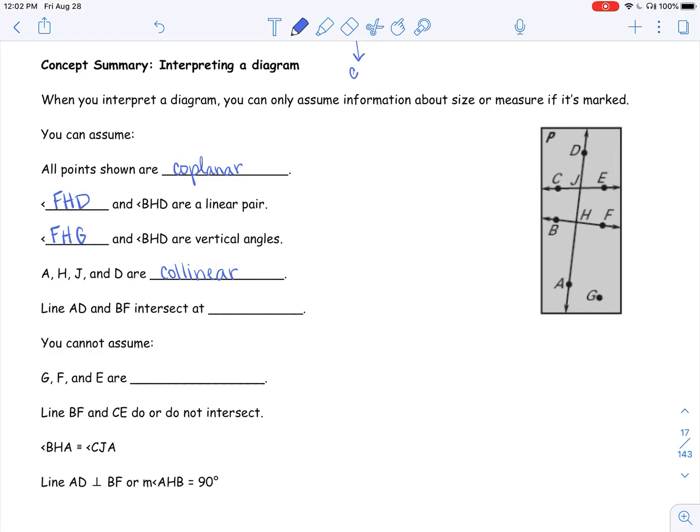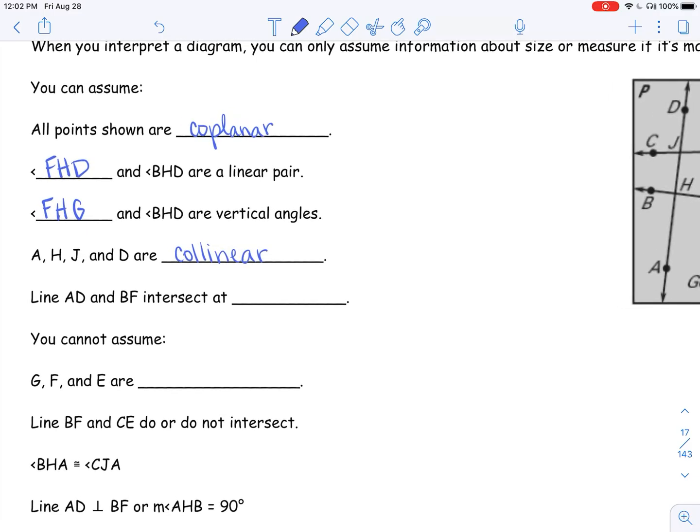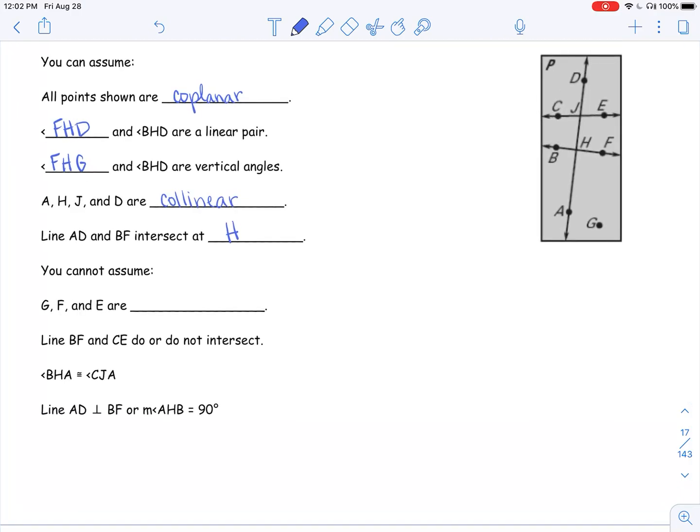Line AD and BF intersect at point H. And things that we cannot assume: we cannot assume that G, F, and E are collinear, not unless a line is drawn for us.